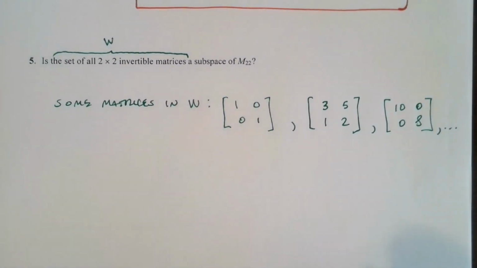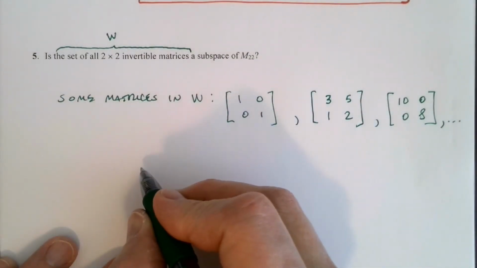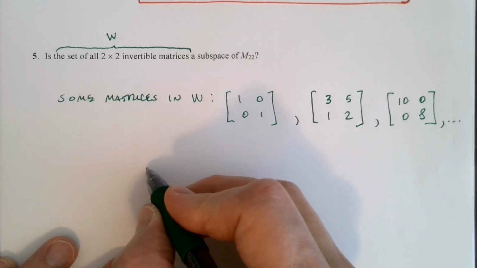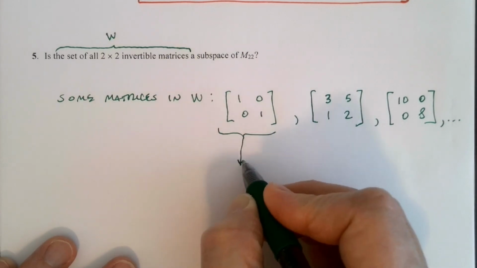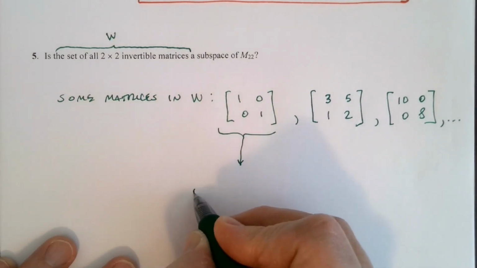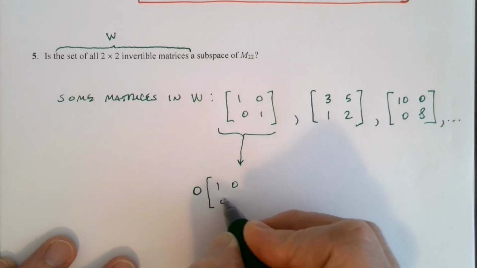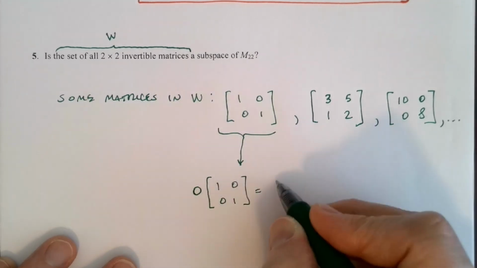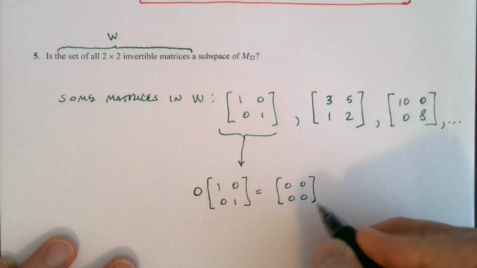But here I'm just going to say that, again, if I were to take this matrix here, right, which is in W, and if I multiply it by what? By 0, right? If I scalar multiply it by 0, then I get the 0 matrix. Is the 0 matrix invertible?